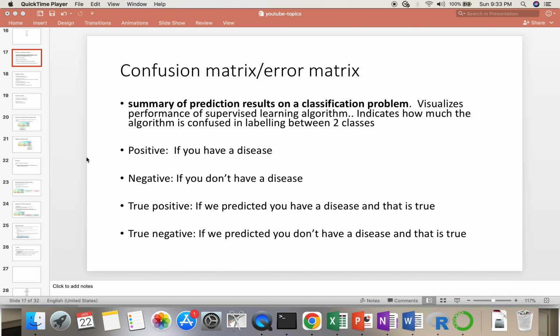True positive means we predicted positive and that is true. That is, we predicted you have a disease and that is true. That is when it's called true positive. True negative: we predicted it is negative and that is true. So in this case, if we say you don't have a disease and that is true, that is called true negative.